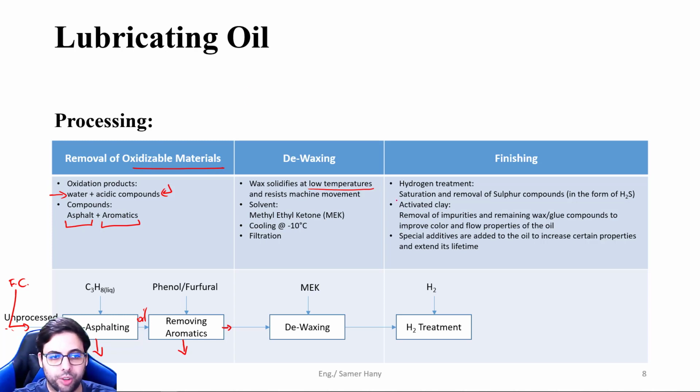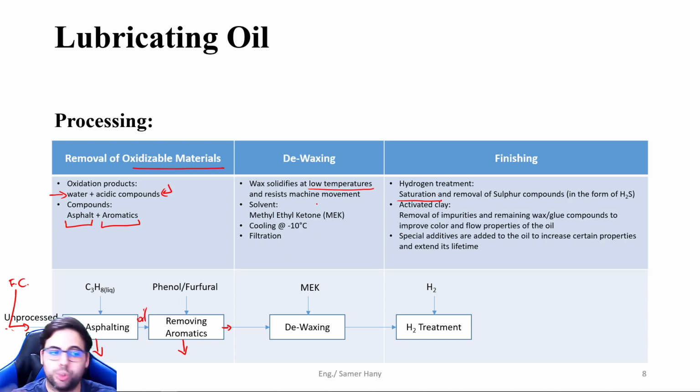First off, it saturates all of the unsaturated bonds or compounds inside that oil. Why do we want to saturate our oil? Because triple and double bonds, or unsaturated bonds in general, are more active and will be easier to oxidize at the operating conditions than saturated bonds or the single bonds.